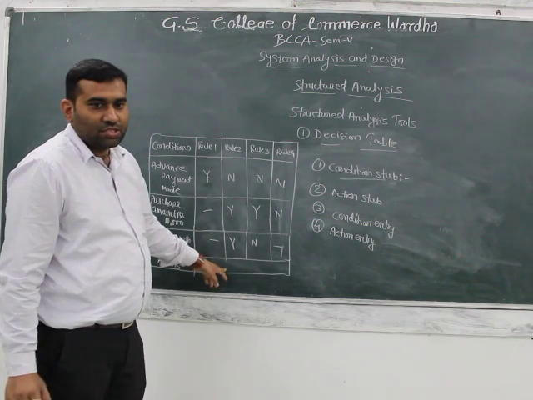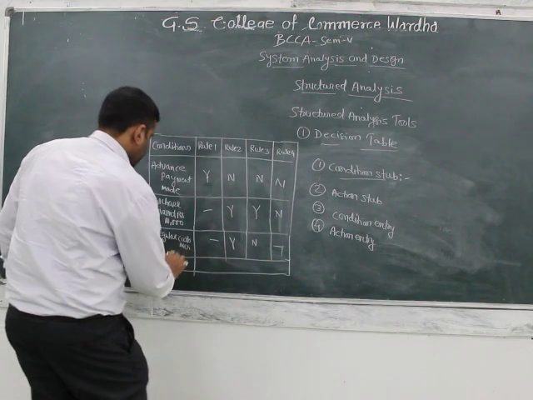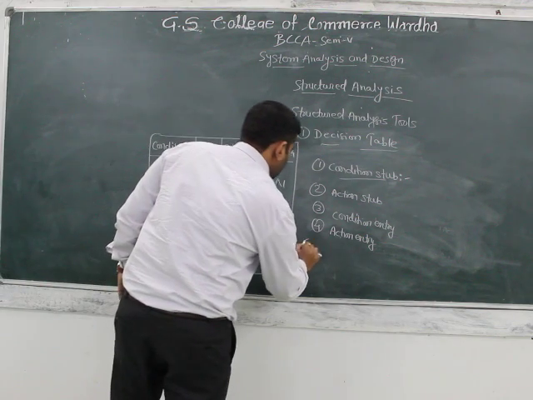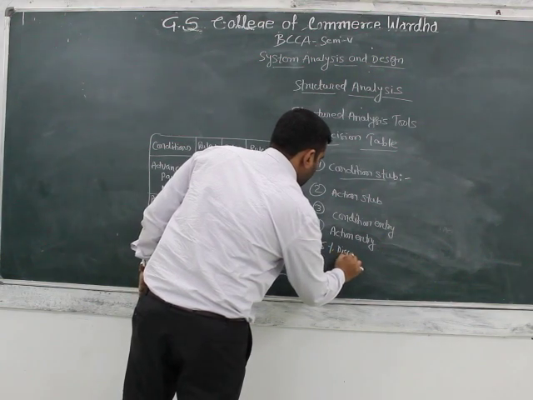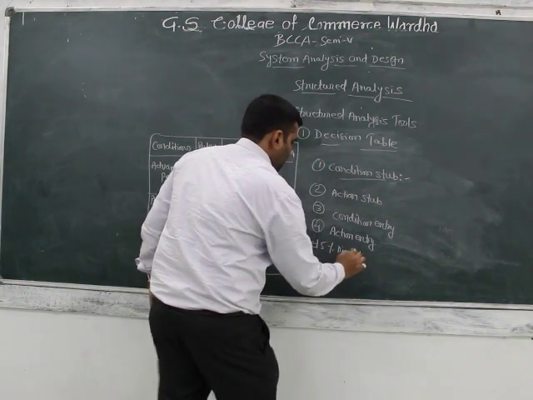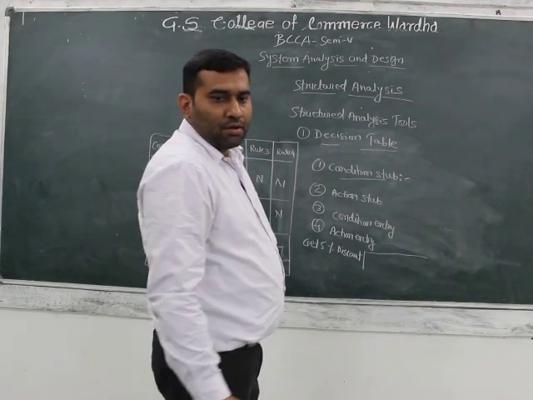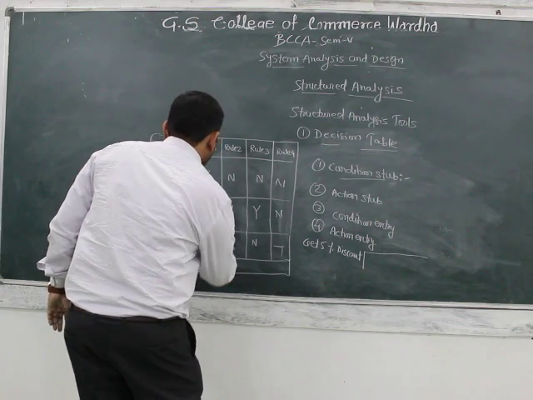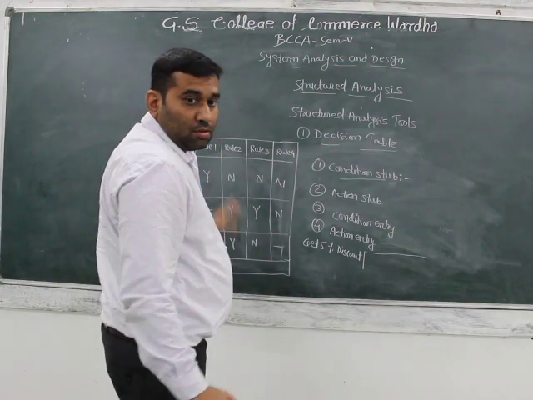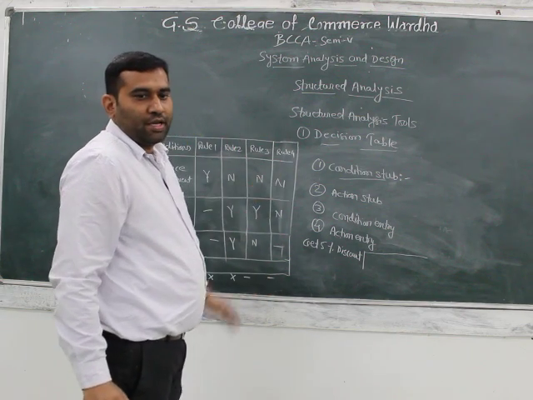Get 5% discount is possible in rule 1 and rule 2. It is not possible in rule 3 and rule 4.